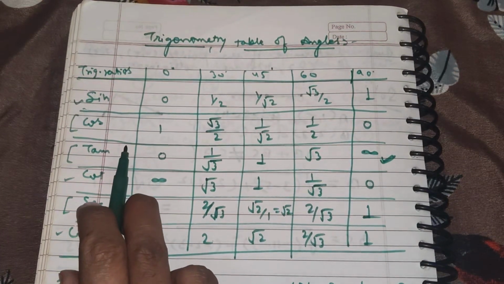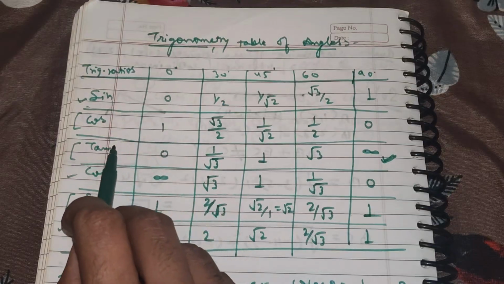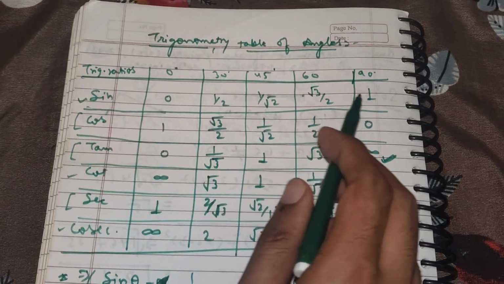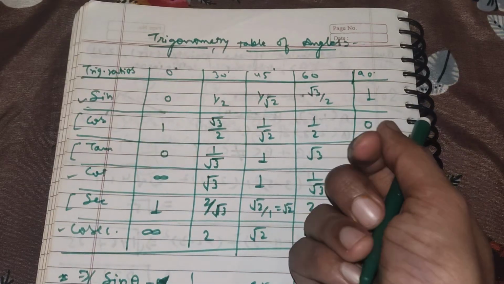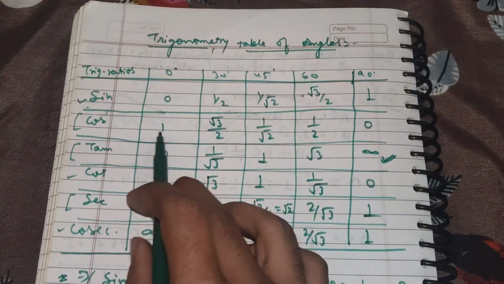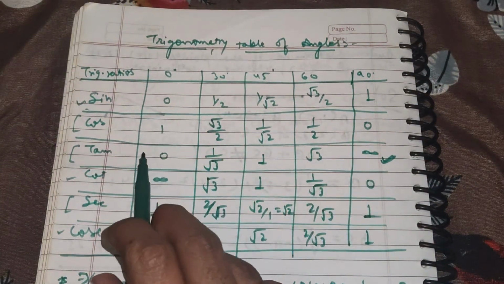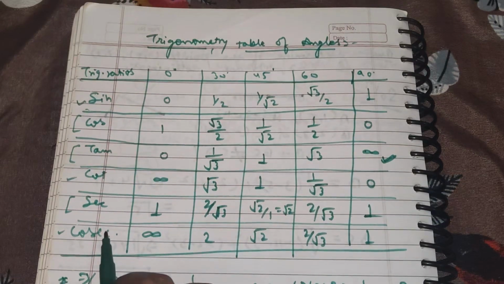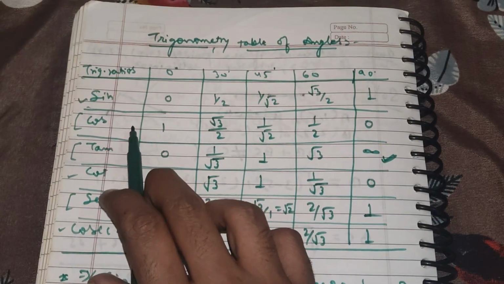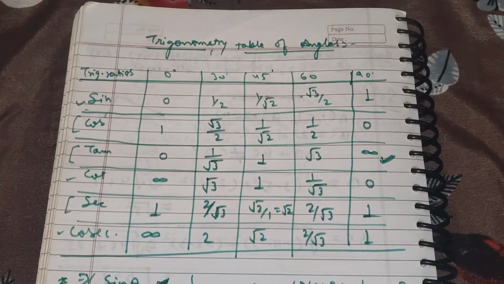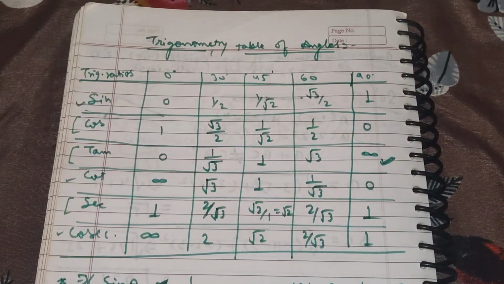With sine, reversing the order, 90 will be 0, so you will get the result of cos on the basis of sine. Cosec on the basis of sine, sec on the basis of cos, and cot on the basis of tan. So these are the simple formulas you have to remember in your mind.